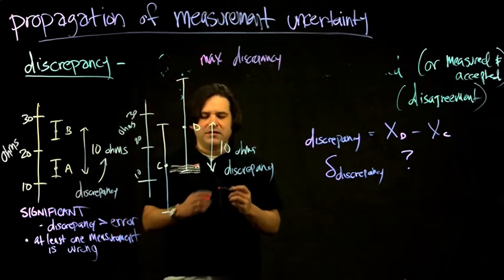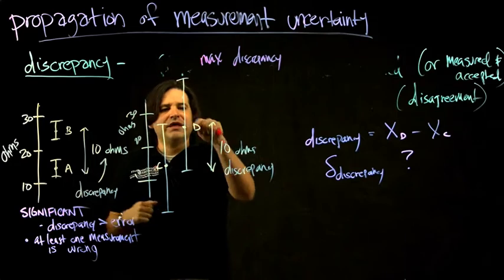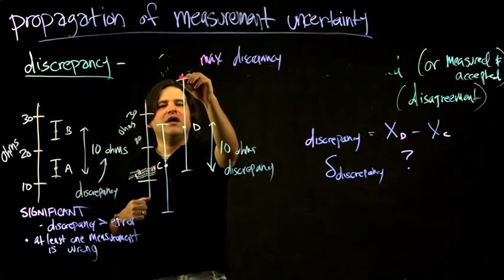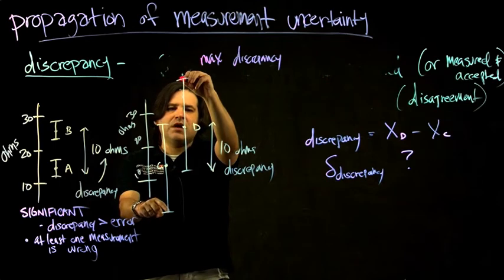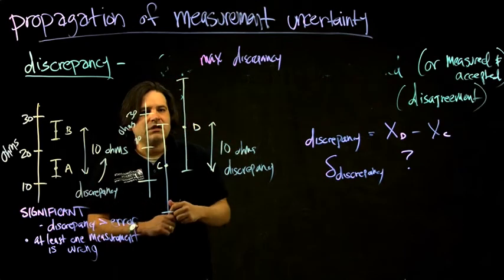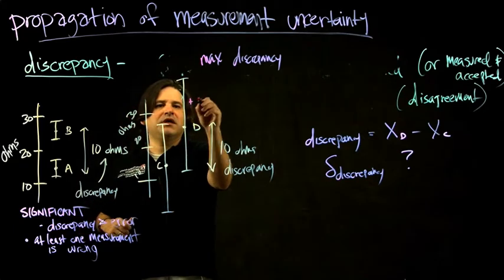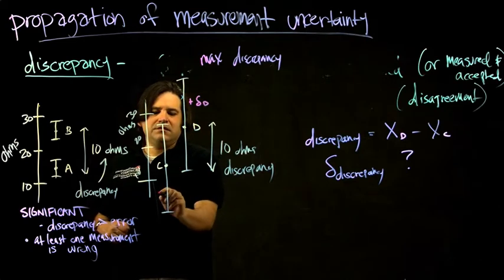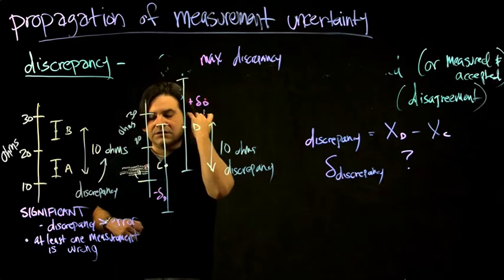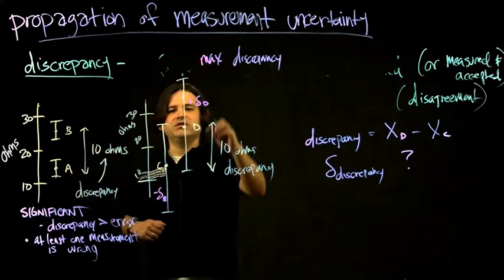It is if somehow during this measurement, if you're within this range, that D takes on a value at the top of the error, and C takes on the value at the bottom of the error. So in that case, this is plus sigma D. This is minus sigma C, the error in the C. But if you take the magnitude, this is one chunk.